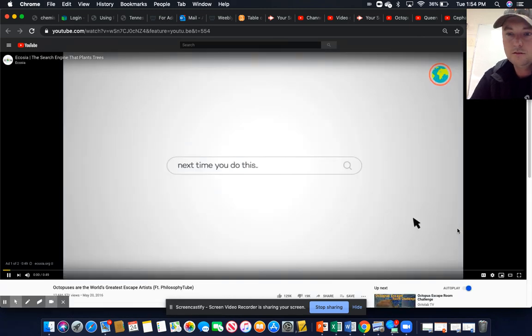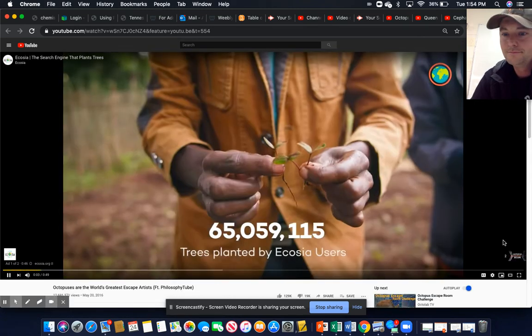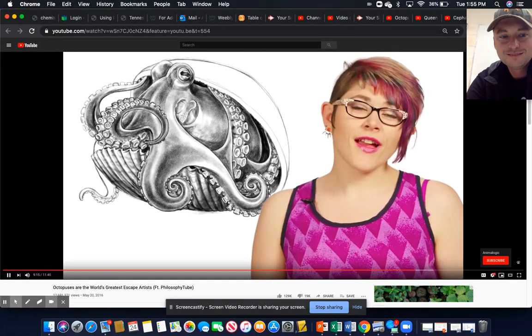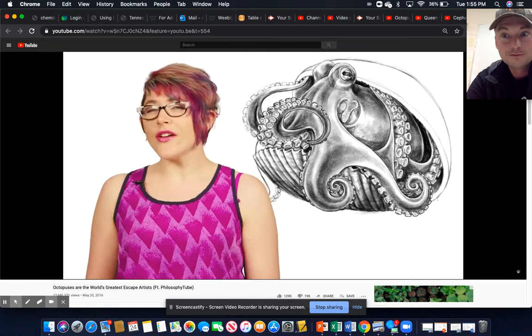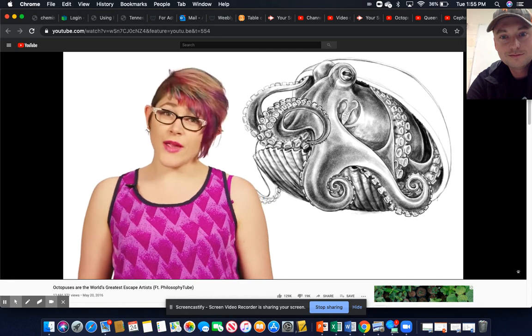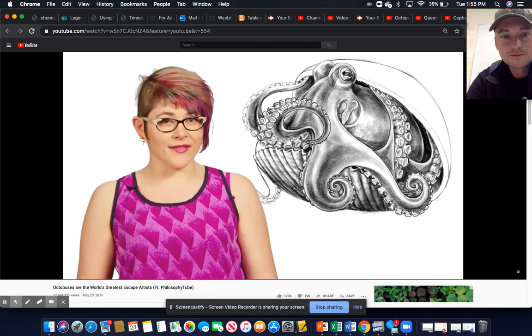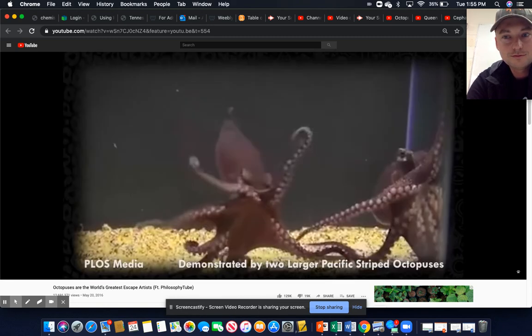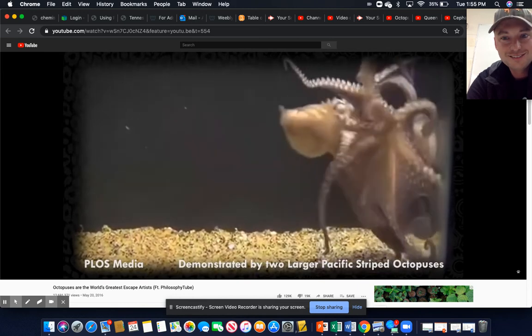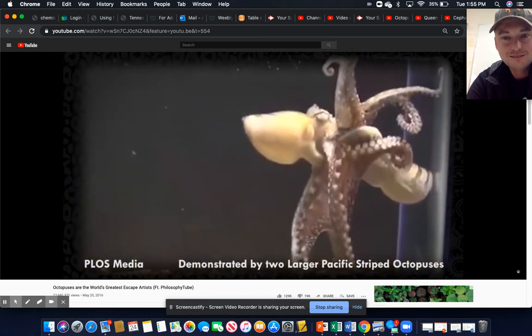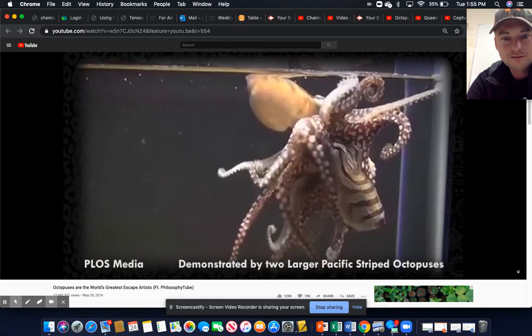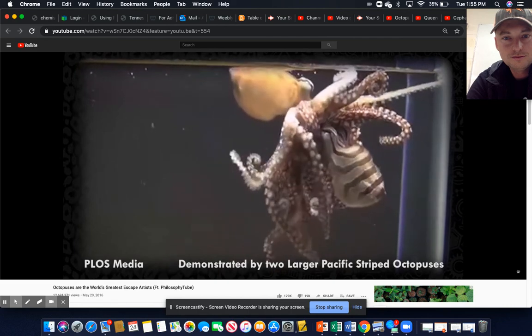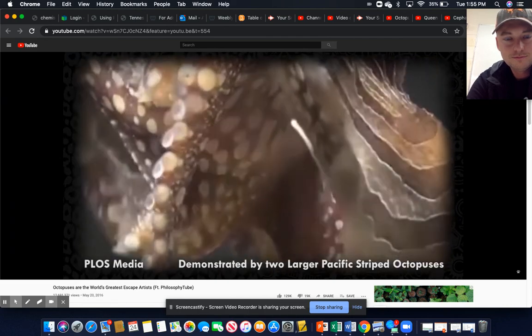Next time you do this, you could be doing this. How? Thanks, Ollie. And nothing makes for a great segue quite like detachable penises. The Argonaut octopus's penis breaks off during the mating process and stays with the female, and like its arms, it grows back. To inseminate the female, the male will either inject his spermatophores directly into the tube that the female uses to breathe, or he'll just hand them to her, which the females always accept with one of their right arms. Scientists still don't know why this happens.